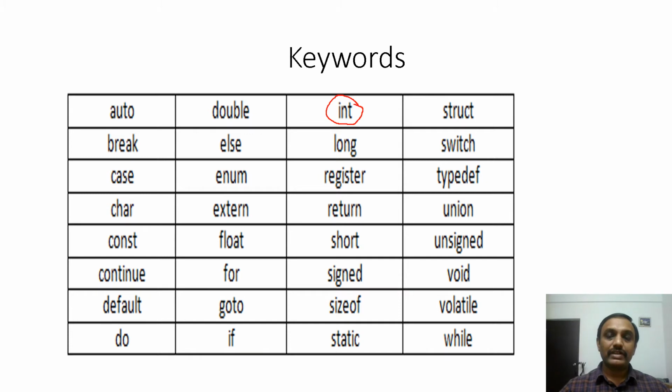What is the purpose of int? To declare integer variables, we have to use that int. So int we have to use to declare the integer variable. Similarly, each keyword has a specific meaning, a specific purpose, and we have to use it for that purpose only.